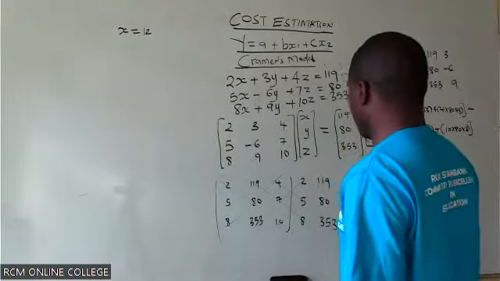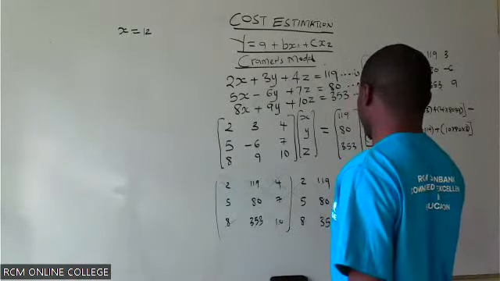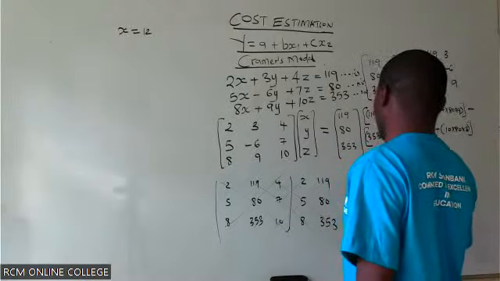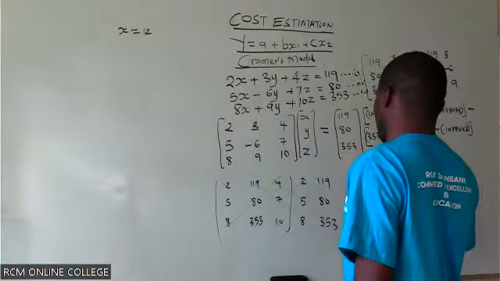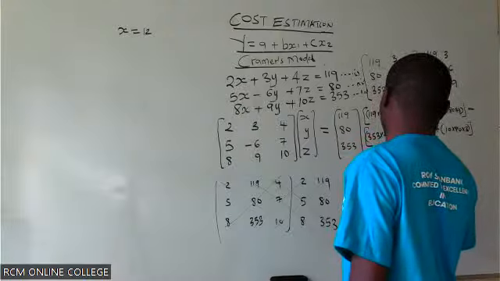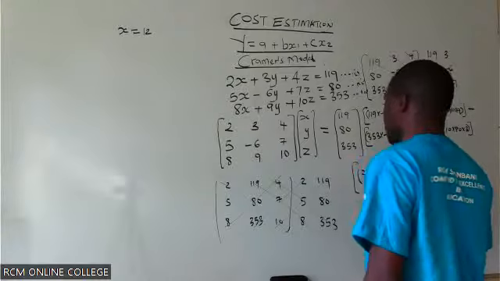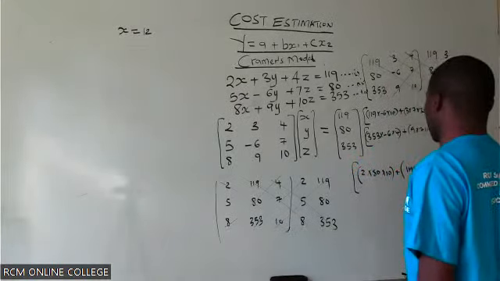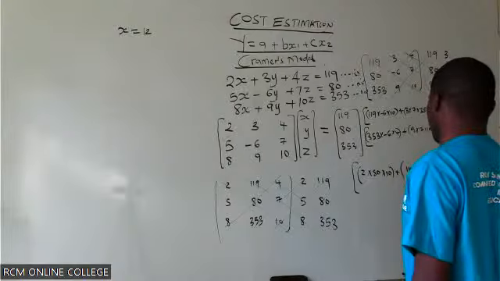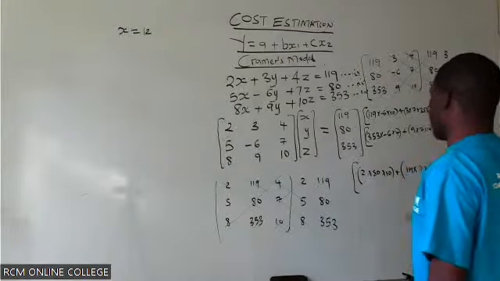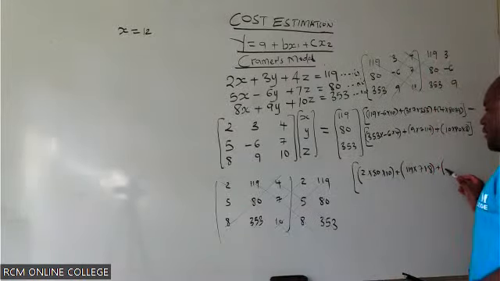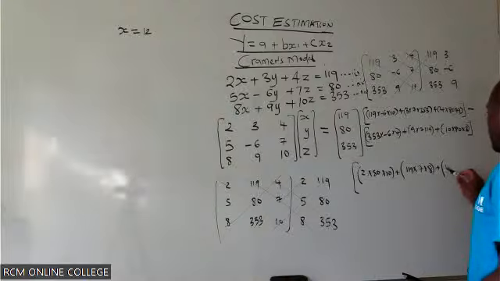So it will be 2 times 80 times 10 plus 119 times 7 times 8 plus 4 by 5 by 353.